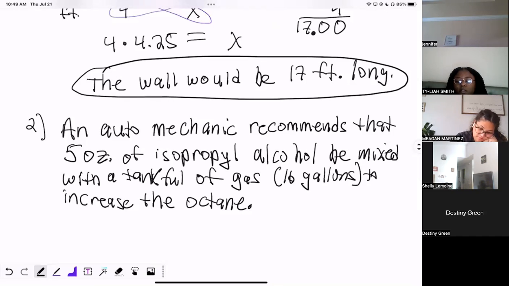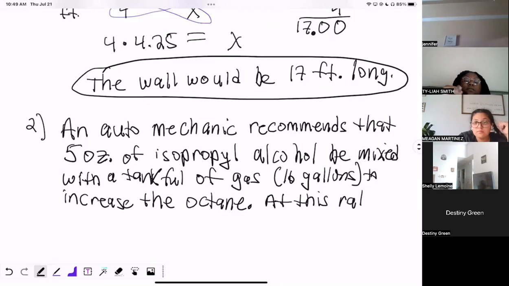So 5 ounces, I see 2 units already: ounces and gallons. At this rate, 5 ounces is to 16 gallons.